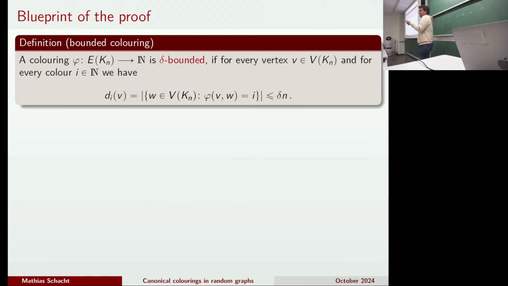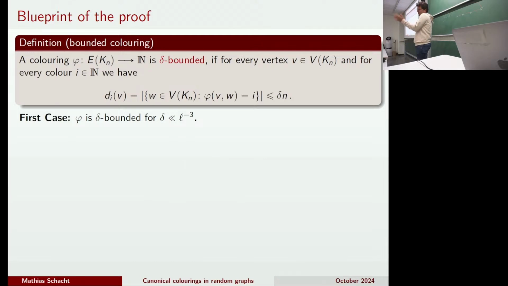A vertex has n minus 1 neighbors, and if it sees at least 1 over delta colors, and we require slightly more, that no color appears more than delta n times incident to this vertex, then we are happy, and we would say the coloring is delta bounded. Okay, that's the definition. And if you are delta bounded for some delta which is smaller than 1 over L cubed, then what does it mean?